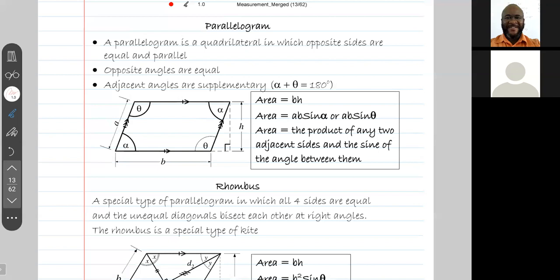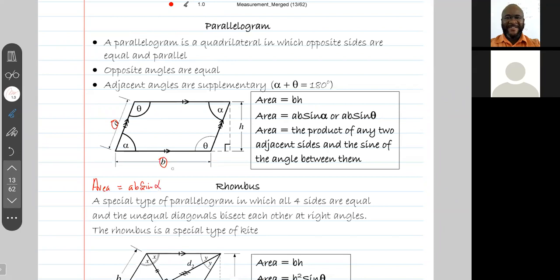Another way you could calculate the area is AB sine alpha or AB sine theta, where A and B are the lengths of the sides. This is the side A, this is the side B. The angle between them is alpha, so the area is AB sine alpha.